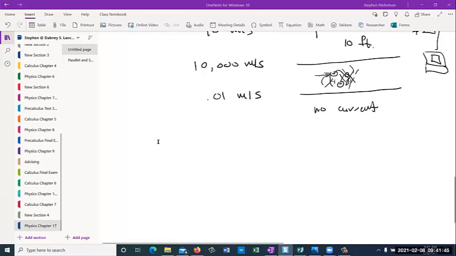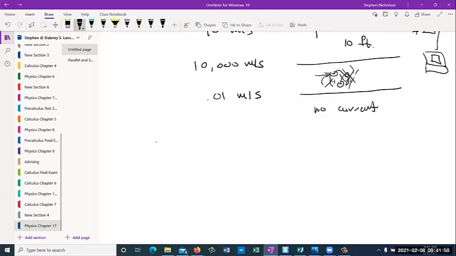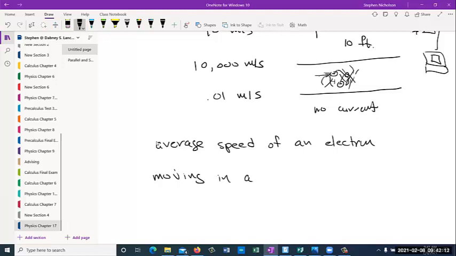So if you take the average speed of an electron moving in a typical circuit, and you go through the whole calculation, you find out, and it's called the drift velocity.